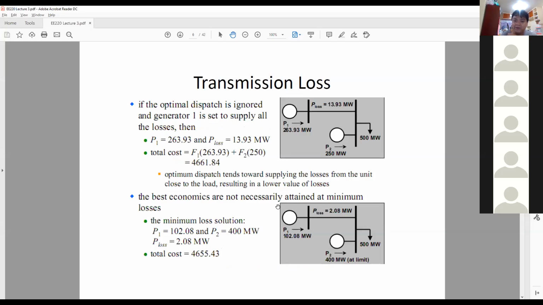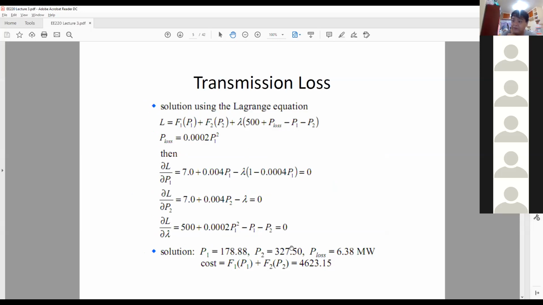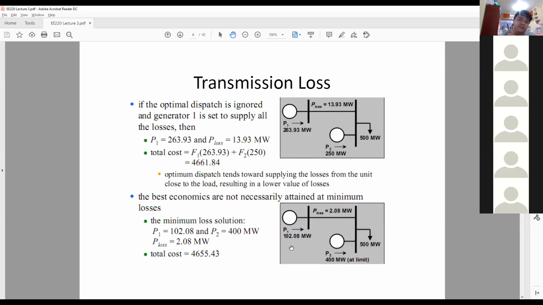This is cheaper than the solution I mentioned earlier, where P1 compensates for the loss, which will result in 4,661. And even if you try to really minimize losses by maximizing P2, it will still have a much more expensive cost than the one we solved properly. Okay, so that's that.